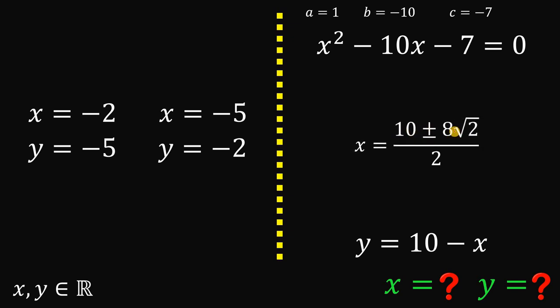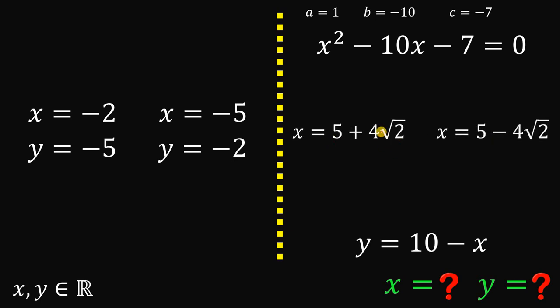Now, 10 plus or minus 8 times square root of 2, divided by 2, this will give us 5 plus or minus 4 times square root of 2. So, we have two possible values for x, namely 5 plus 4 times square root of 2 or 5 minus 4 times square root of 2.